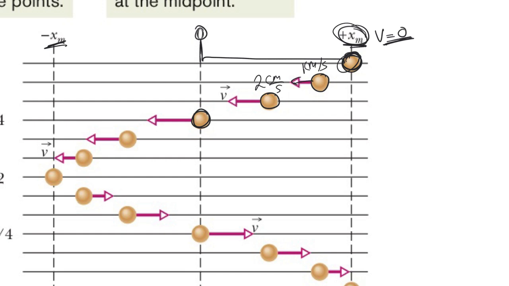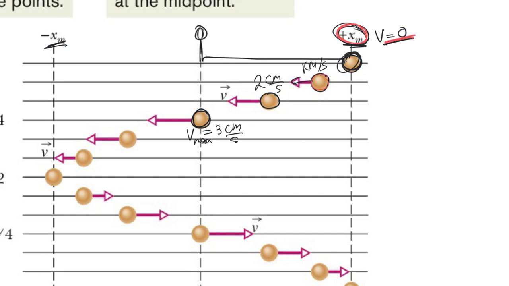At the reference point, the velocity is maximum. For example, it will be 3 centimeters per second. So you can now compare the position and the velocity. Inversely, when the position is highest, the velocity is 0.